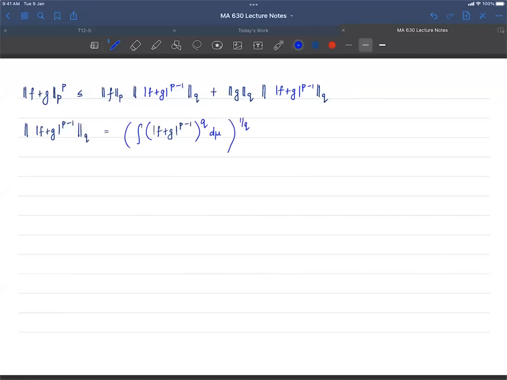Do you guys agree with that? That's just the definition. So this is going to be, inside, the integral of mod F plus G to the Q times P minus 1, d mu, all to the 1 over Q.